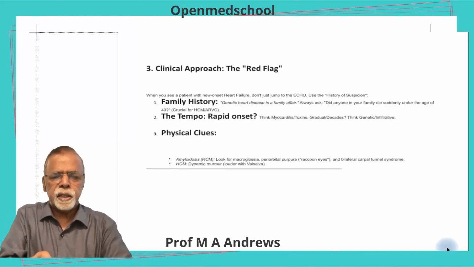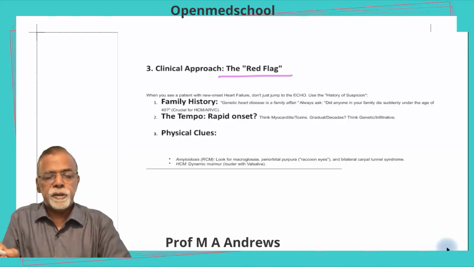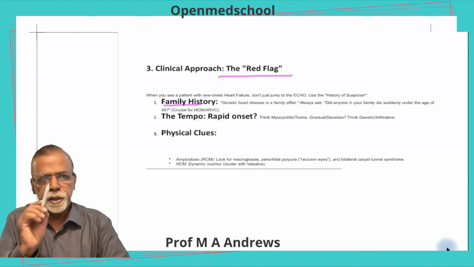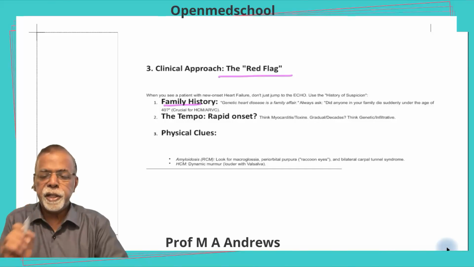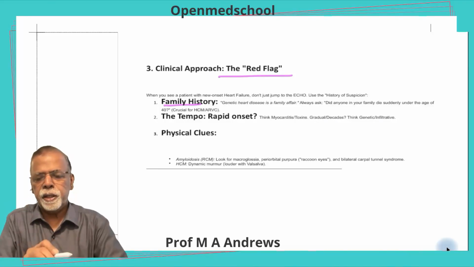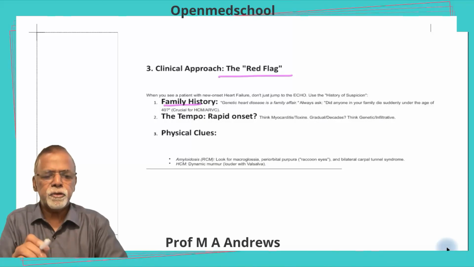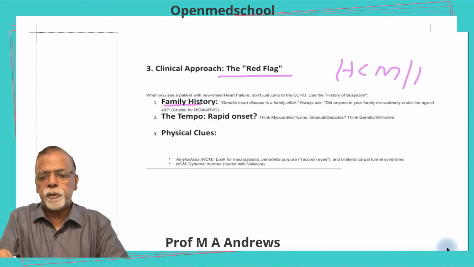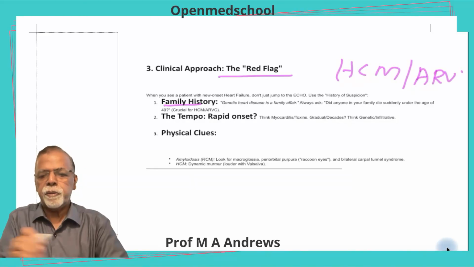When you are approaching clinically, always think about family history. Take a genetic history. If anybody in your family had a sudden death under the age of 40, it is crucial in hypertrophic cardiomyopathy and arrhythmogenic right ventricular cardiomyopathy.